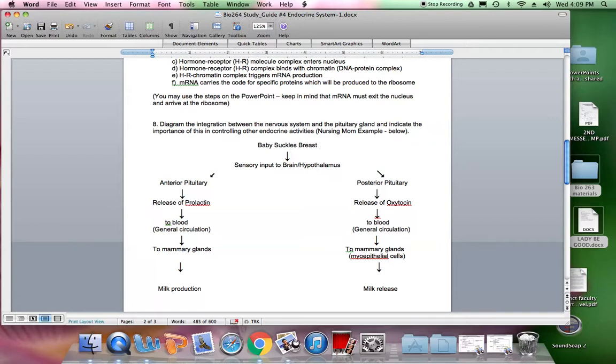Oxytocin goes to the bloodstream, general circulation, and now this also reaches the mammary glands and will stimulate these little cells called myoepithelial cells. Myo refers to muscle, so these cells can contract to allow the milk to be released. They often refer to that as milk letdown. For successful breastfeeding, all of these things are required.